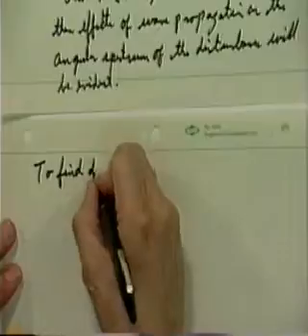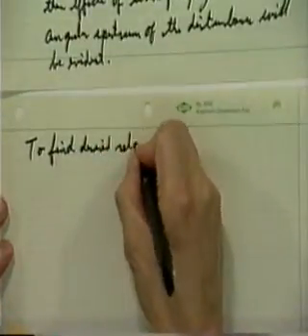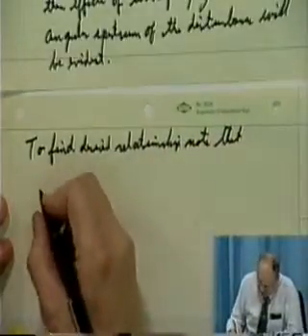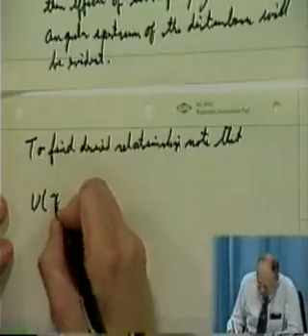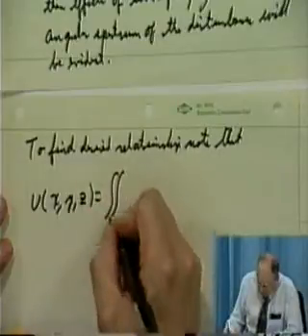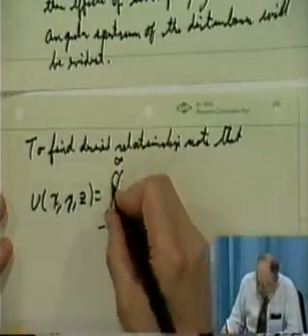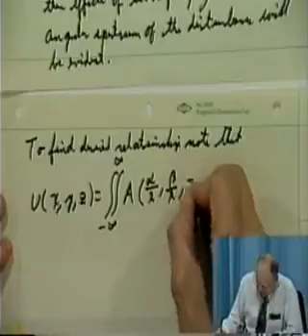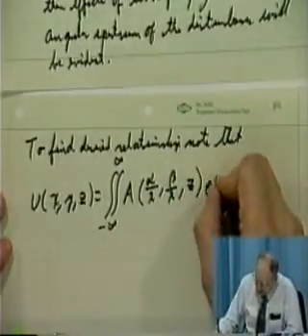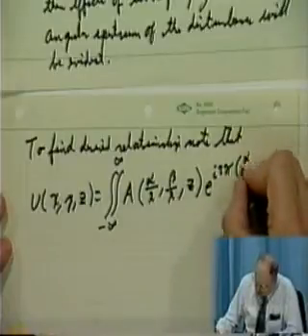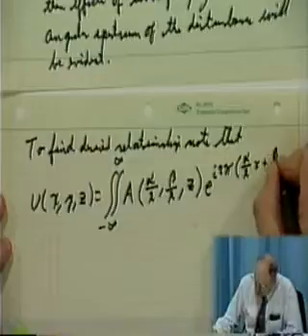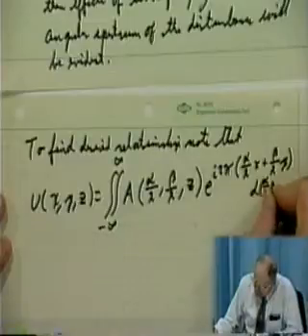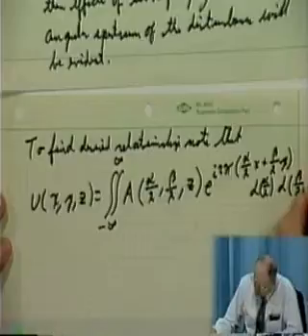To find the desired relationship, note that u of x, y, and z is equal to the integral here of A alpha over lambda, beta over lambda, and z, e to the i 2 pi, alpha over lambda x plus beta over lambda times y, d alpha over lambda, d beta over lambda.